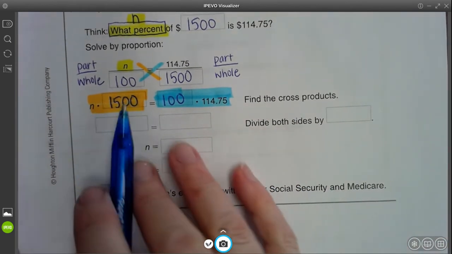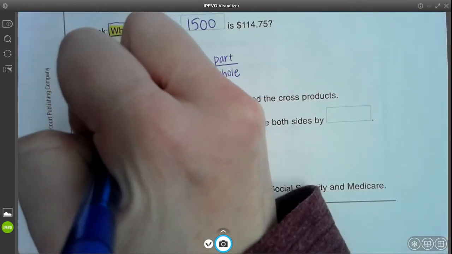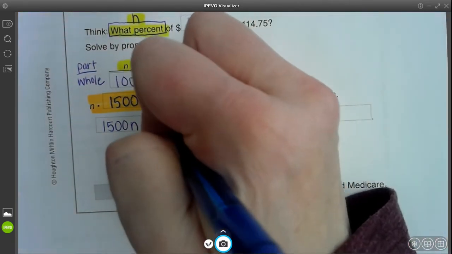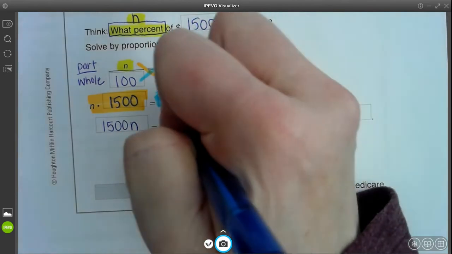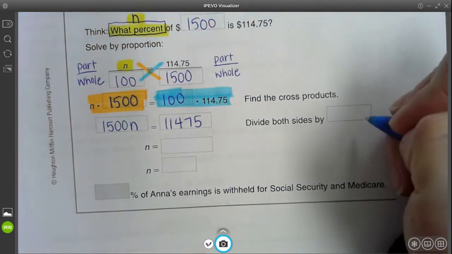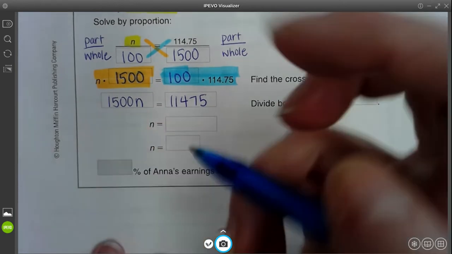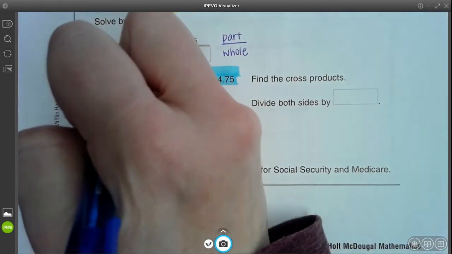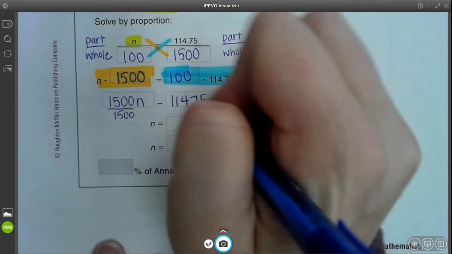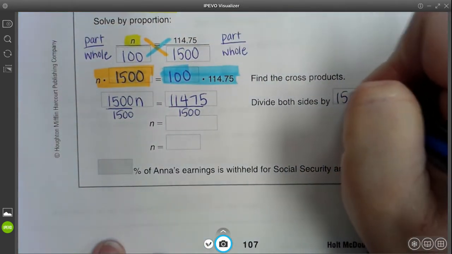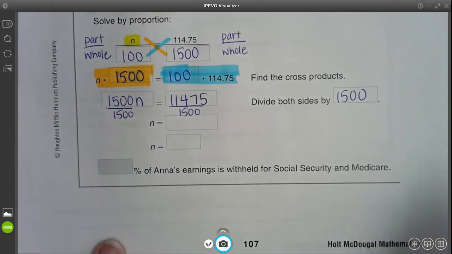Okay, so if I simplify this, another way to write this is 1,500n. And over here, if I multiply those, it's going to be 11475. Okay, so now to solve for n, if you remember, we always divide on both sides by the number that's in front of the variable. So we're dividing both sides by 1,500.